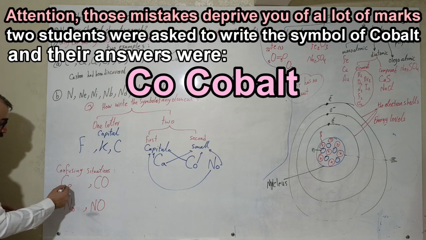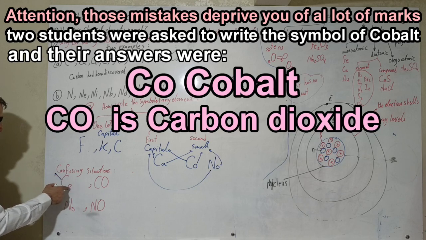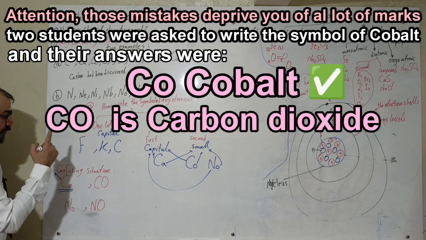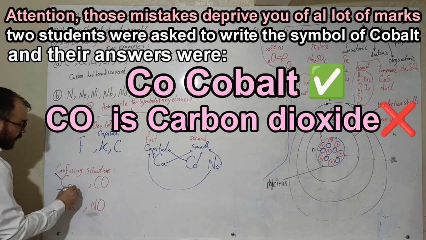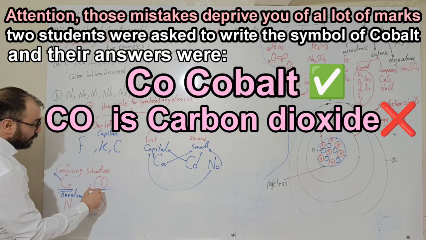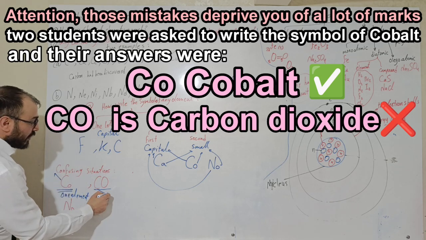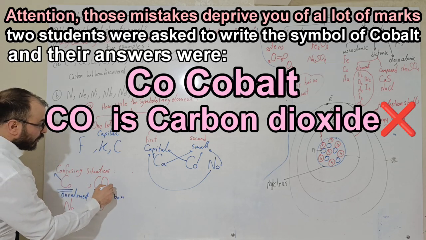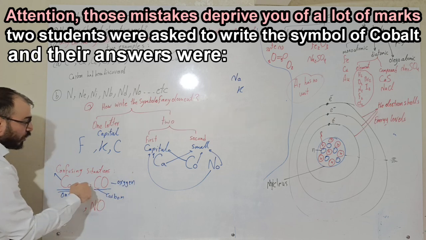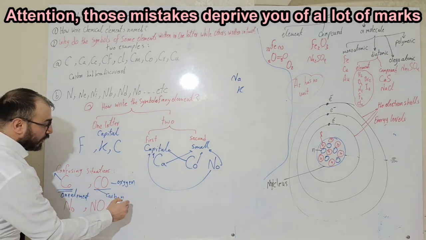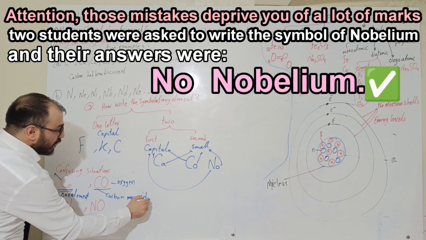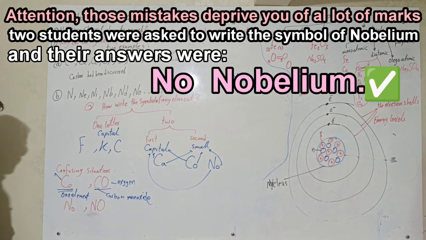Here, my friends, this is cobalt, capital C and small o, and it is the symbol of one element, while the other one is the symbol of two elements, carbon and oxygen, and this is not cobalt, this is carbon monoxide.